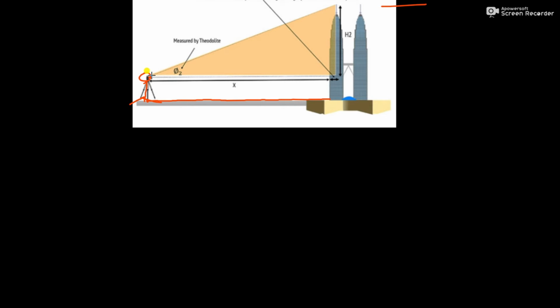So we'll adjust this and look through it so that we can see the top point of this building. When we look through this camera, you can see the top point, and the laser will touch this point, and it will measure an angle from this base point.